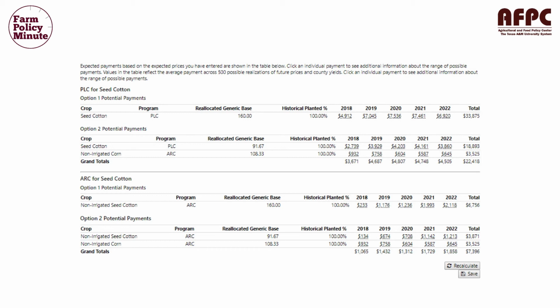And the same thing goes when you put that seed cotton, it's only $7,000 under option 2 when you move most of it to corn. Producers have a choice, and this is where it's kind of sticky, because the expected payments are best for the one where you lose base. And that is where the decision comes in.